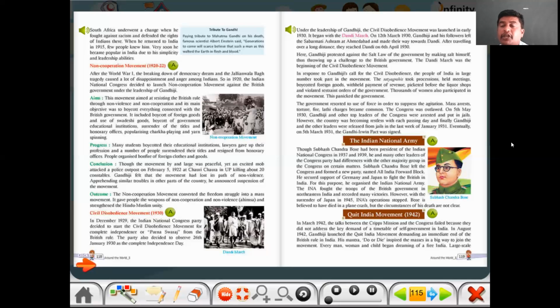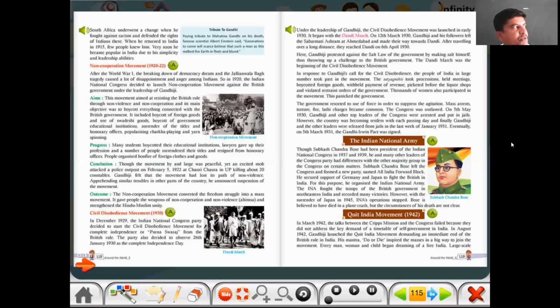In the civil disobedience movement, the Congress was outlawed. On 5th May 1930, Gandhiji and other top leaders of Congress were arrested and shifted to jails. However, the country was becoming restless with each passing day.